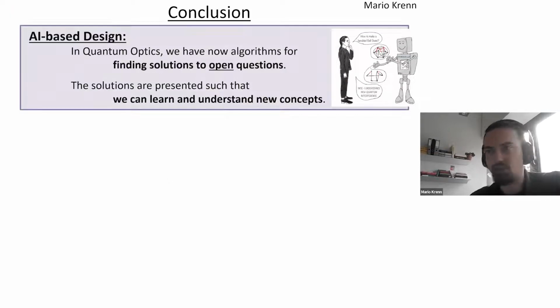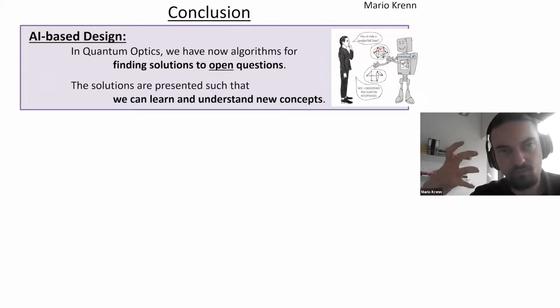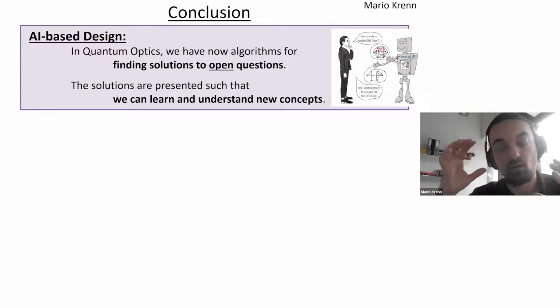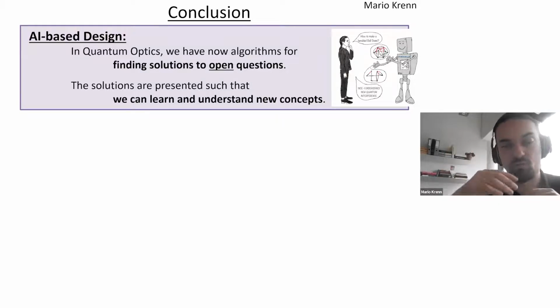Okay, now let me come to a conclusion. In the first part, I've shown that we now actually have in quantum optics some type of AI algorithm that can find solutions to open questions.